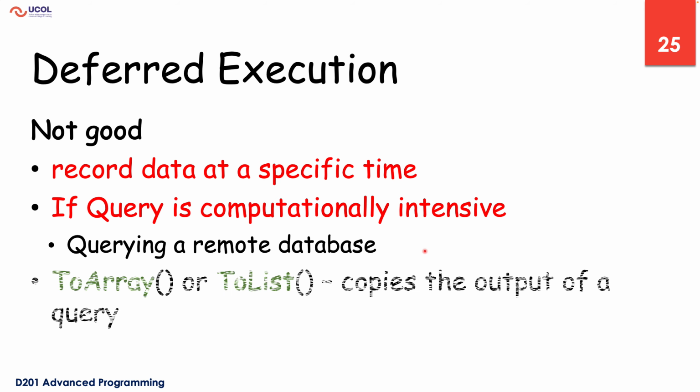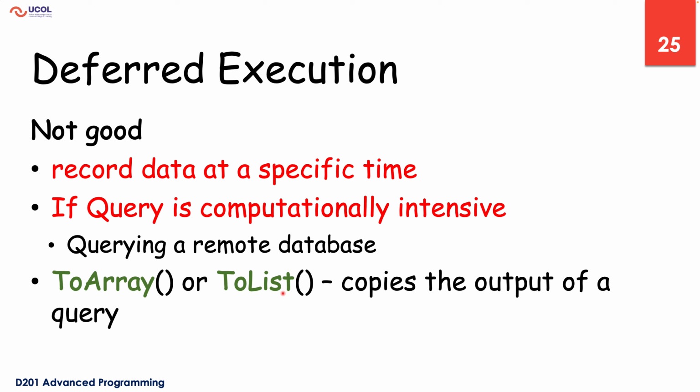So for that, what we can do is convert that result into an array or a list, so that we can copy the output of the query, and then we are not going to use the query again. Rather, we are going to use that particular array or list, and then later we can update the database if there are some changes.